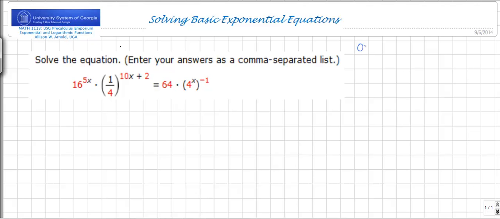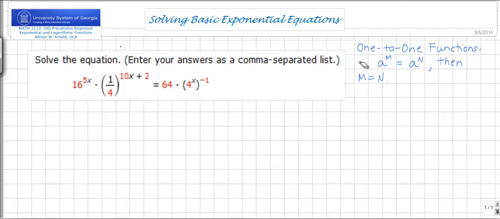There's a rule regarding one-to-one functions that states, in exponential form basically, if a to a power equals a to a different power, then the only way that would happen is if the two powers were equal, and it actually is an if and only if statement.